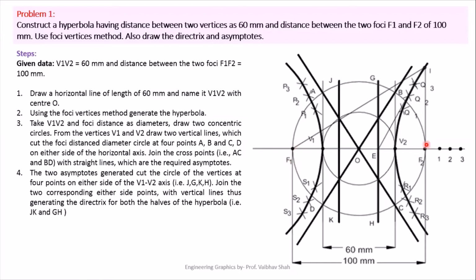With O as a center and OF1 as a radius, draw one circle, which will pass through your focal points F1 and F2. After drawing this circle, draw one vertical line from your vertex point V1 like this, and one more vertical line from your vertex point V2 like this.